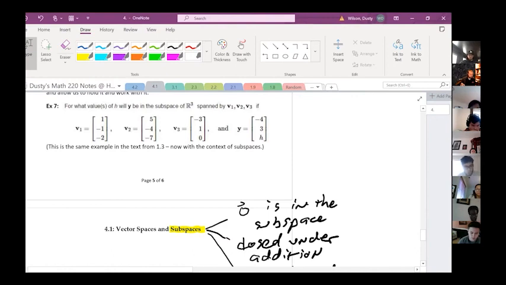What this is saying is that if we want Y to be in the subspace here, it must be a linear combination of V1, V2, V3.